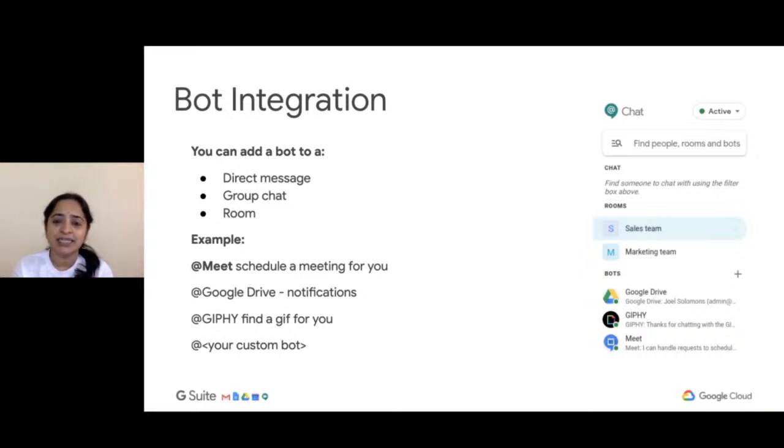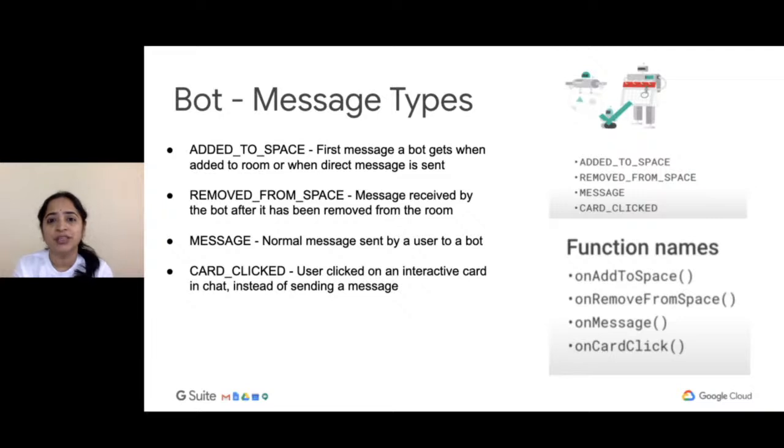Now, let's understand a little bit more on the message types. So, this is an important area which needs to be followed when you are creating bots, because there are some specific syntax that you need to follow, which will help call the bot or put the right messages.